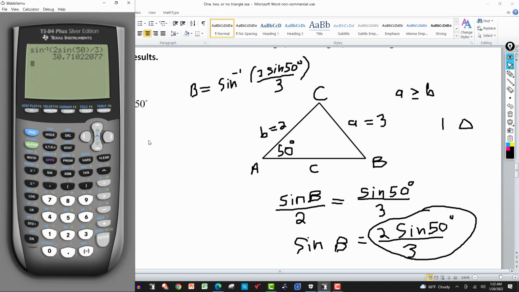So that tells me that angle B is equal to 30.7 degrees.